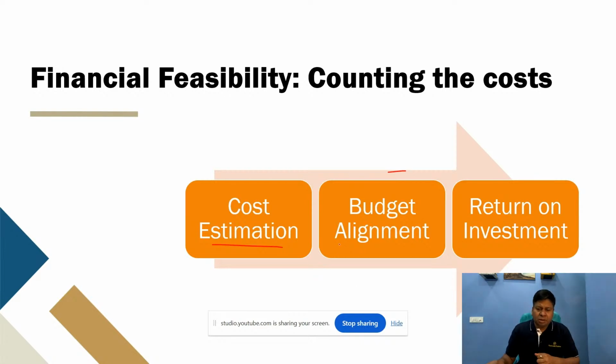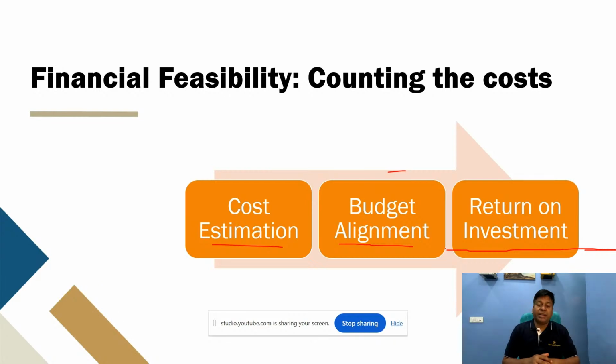Based upon cost estimate, we need to align the budget. Okay, now we understand the cost, we understand what is required. So let's align the budget. Once we align the budget, we need to think what are we going to get in return of this investment. So what is my ROI? This could be revenue.